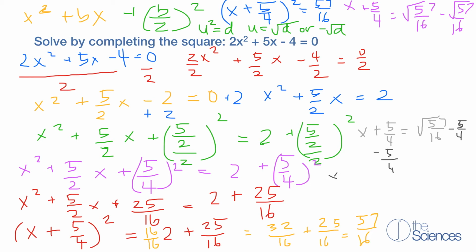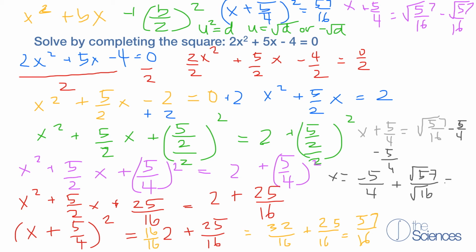So x equals negative 5 over 4 plus the square root of 57 divided by the square root of 16.